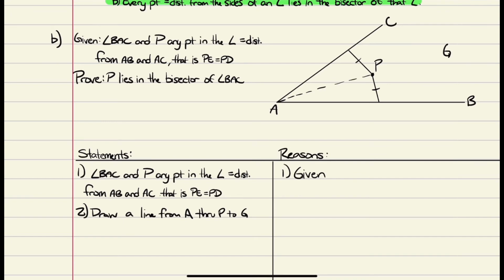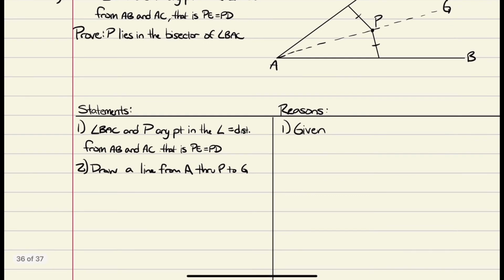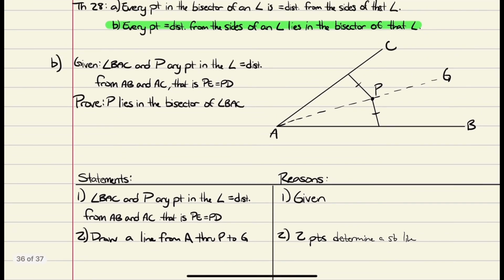PE. Oh, we should probably state, and I hope we know what I'm about to write down, 2 points determine a straight line. Number 3, PE and PD are perpendicular to AC and AB respectively. In the given, we are told that they are equidistant. And remember, again, those definitions are key. They are equidistant, and so we know that if we are talking about distance from a point to a line, it involves perpendiculars.